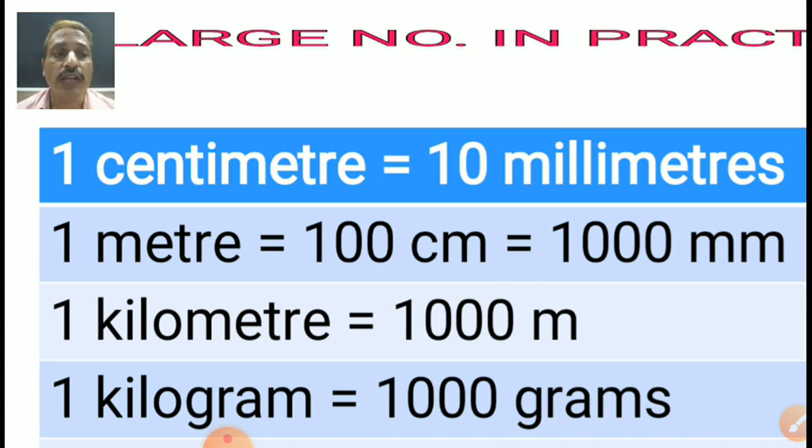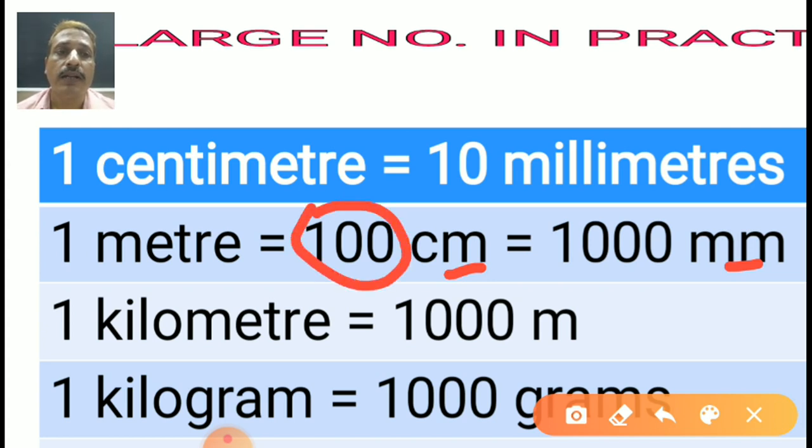So in short, centimeters are written like this, cm, and millimeters are written as mm. Here 100 centimeter, which converts into millimeter, means multiply by 10. So 100 multiplied by 10 gives you 1000. Understood? This is also the second relation.